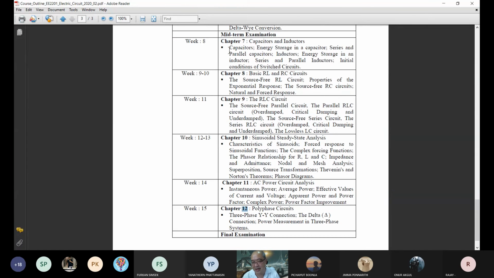You can see that in the slide: 1, 2, 3, 4, 5, 6. Six main questions. Clear? Each question is 10 marks, and you have about 3 hours for the exam. It means you have 30 minutes for each question.